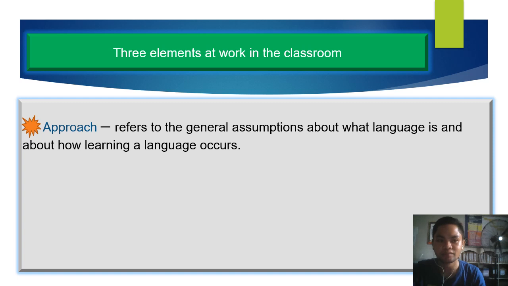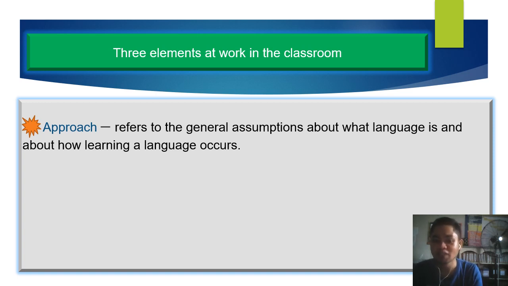An approach to language teaching has something to do with how knowledge of a language is acquired, or it can also be the nature of language. Examples of approach are integrated approach, behaviorist approach, constructivist approach, and so on. Constructivist approach is what we currently use, but there are still many.